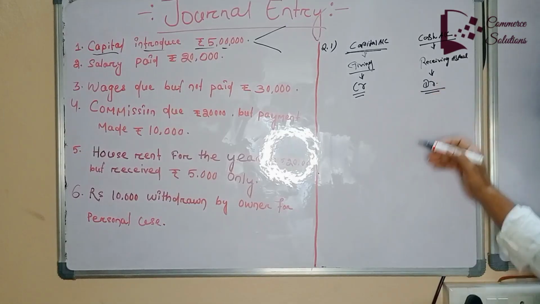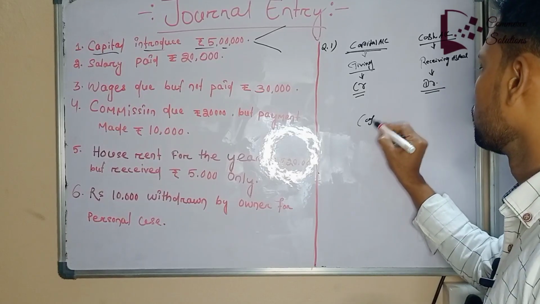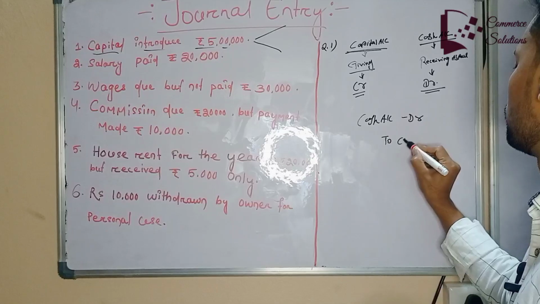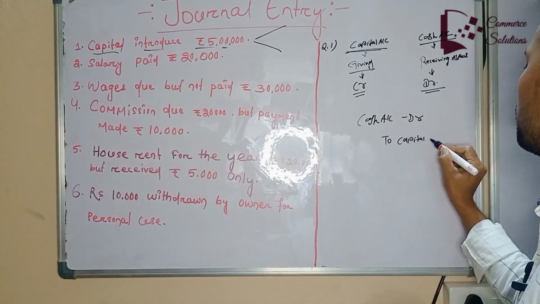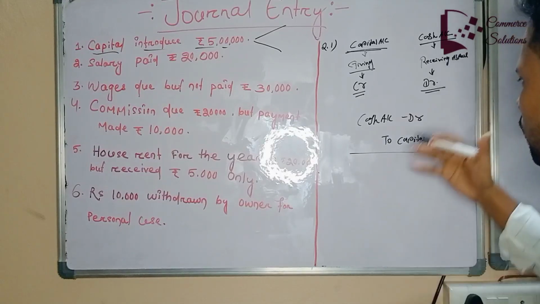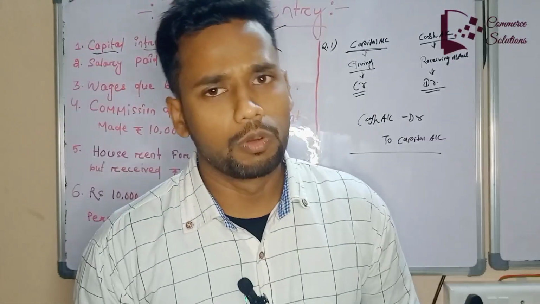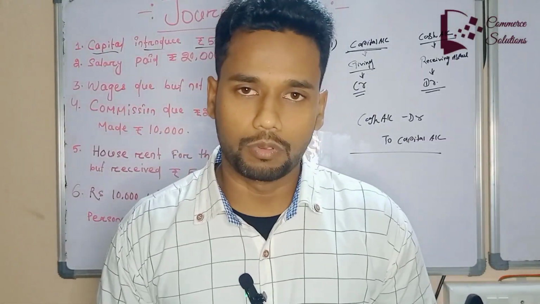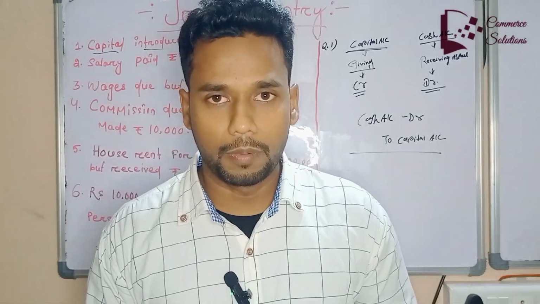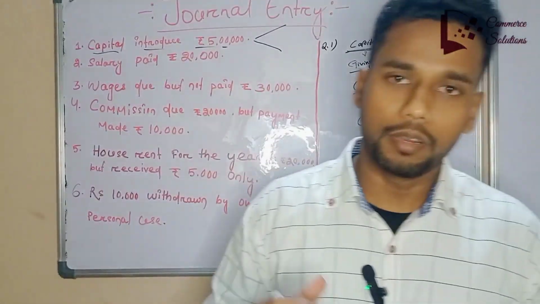So the entry will be cash account debited to capital account. Here the entry is done and it is correct, without utilizing the traditional route, without utilizing the American approach. We can make the journal entry with the understanding of debit and credit, or with the understanding of the definitions of double entry bookkeeping.